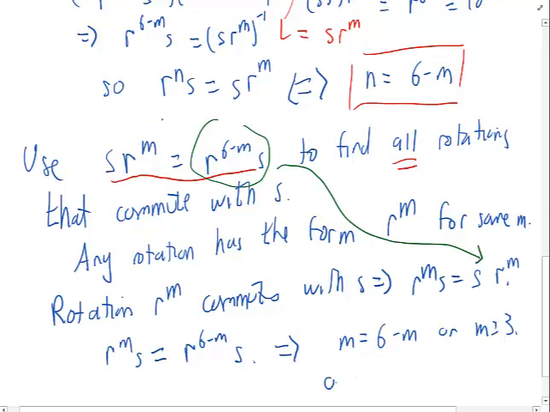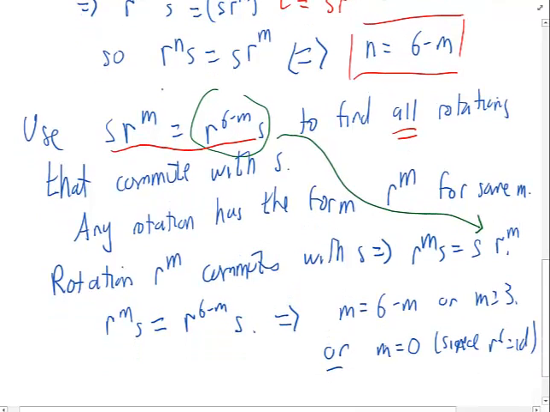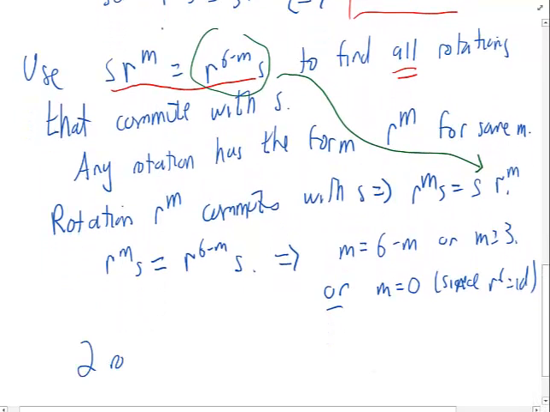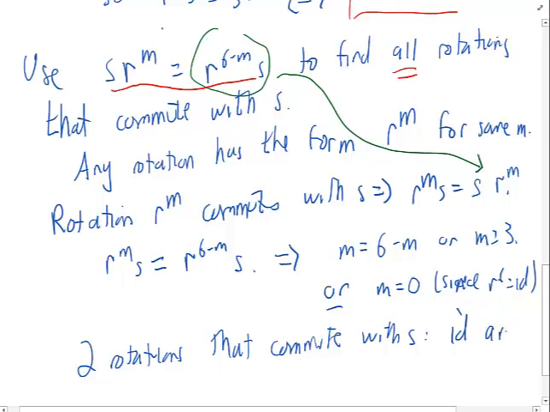We could have m equal to 0, which would be the identity. So the two rotations that commute with s, we have the identity, which we already knew, and r cubed.